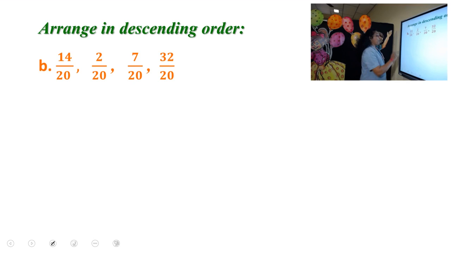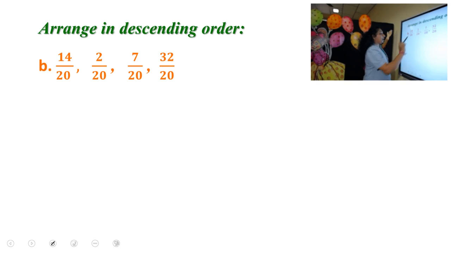Arrange in descending order. Descending means big number to small number. First question, 14 by 20, 2 by 20, 7 by 20, 32 by 20. When denominators are the same, we never look at any of the rules. According to counting numbers, we will write.